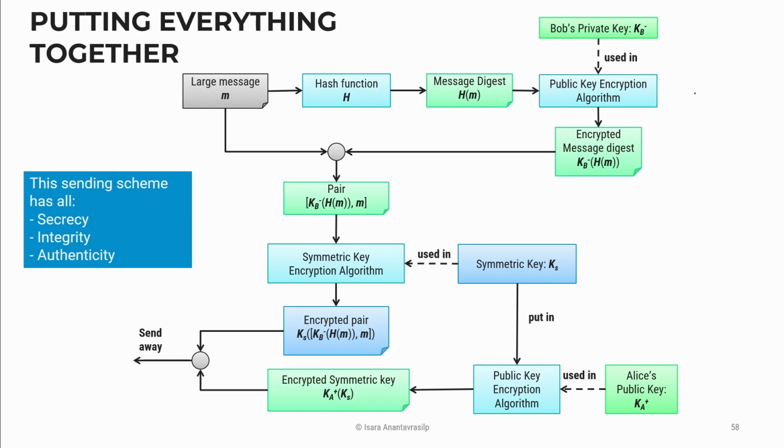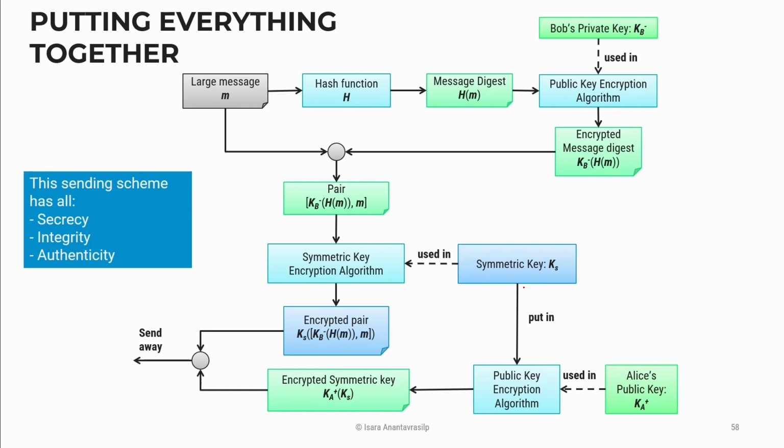As a result, we're going to have the encrypted message digest KB+ of H of M, which is going to be small because we encrypt only the digest. Now we're going to put this encrypted digest together with the large message M, and that could be quite large because this message could be large.